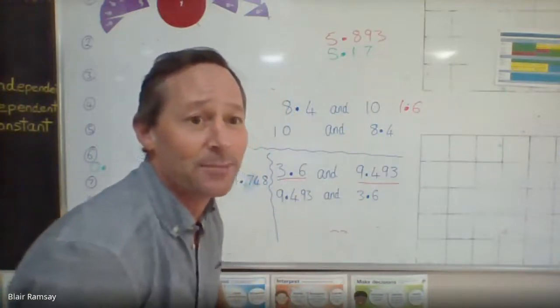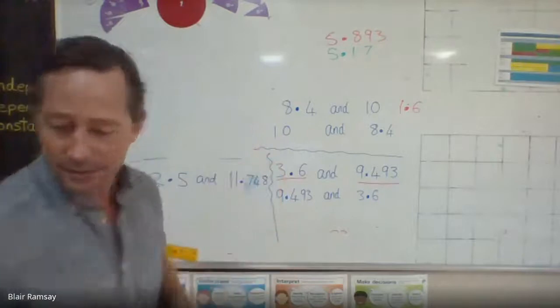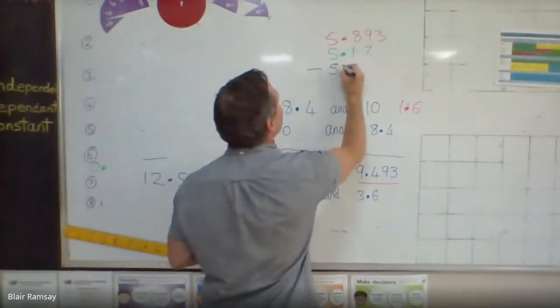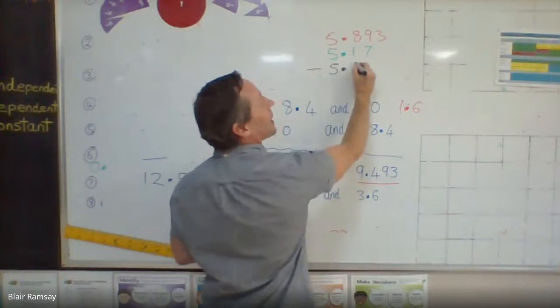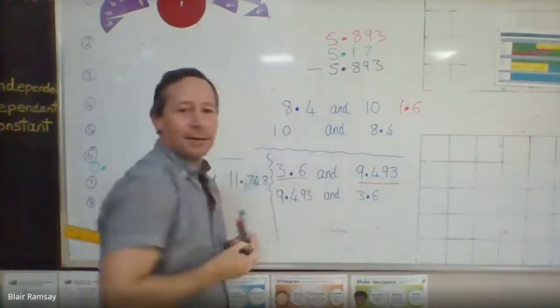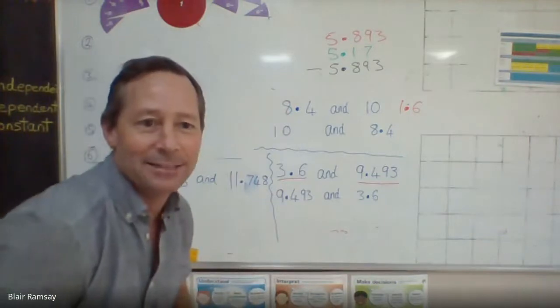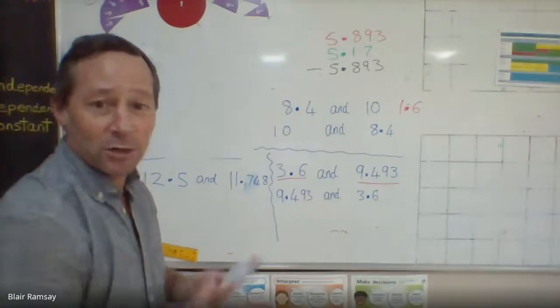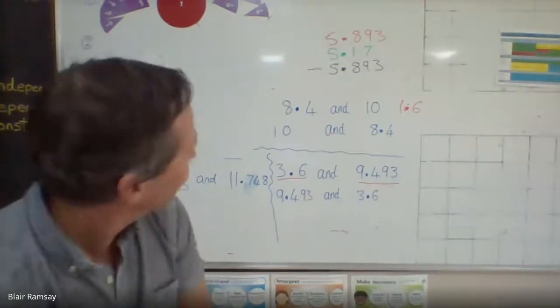Anyone get something different? Zaina. Negative 5.893. Okay. Anyone get something different than those three? Okay, Shaker.